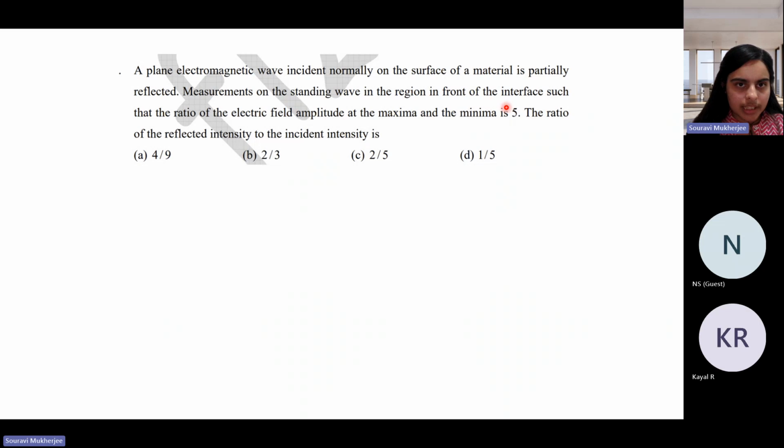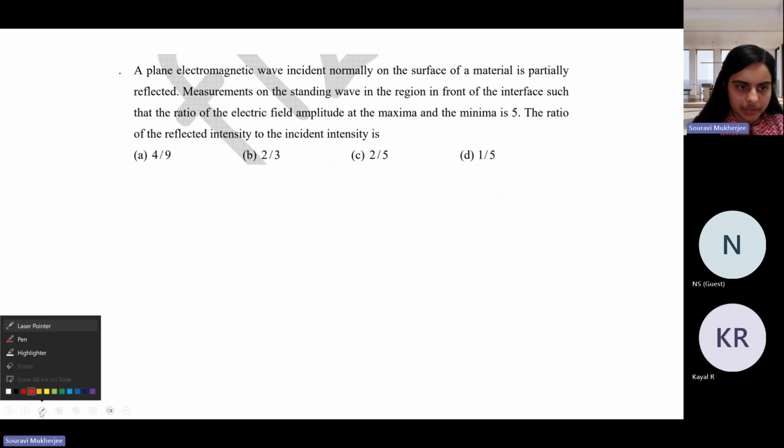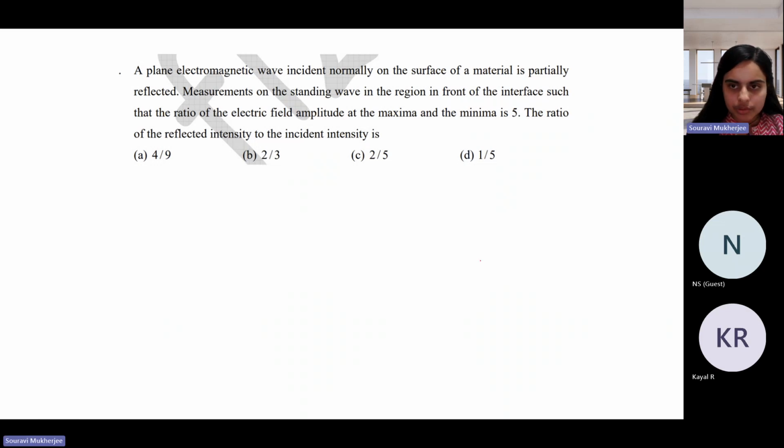So what it is telling you is that if you stand in front of the interface, the wave comes in, okay, and then some part of it gets transmitted, some gets reflected. Now you are standing in front of the interface. So you have a reflected light here, and you have the incident light and the reflected light, and this is your transmitted light.